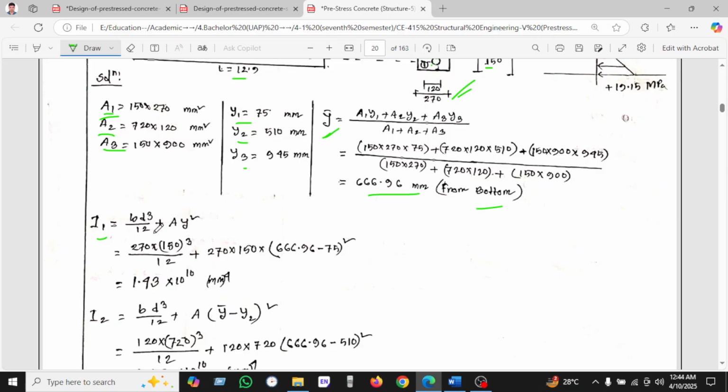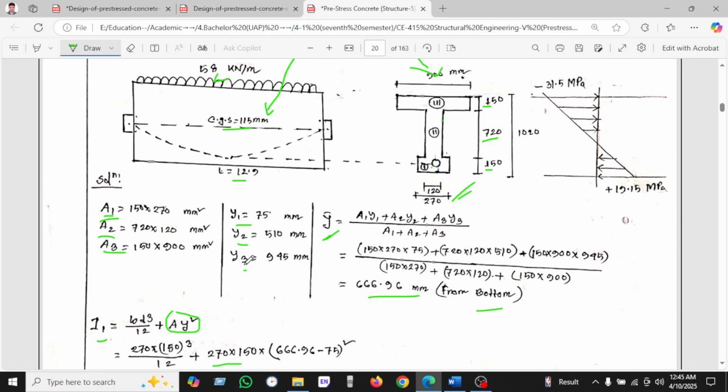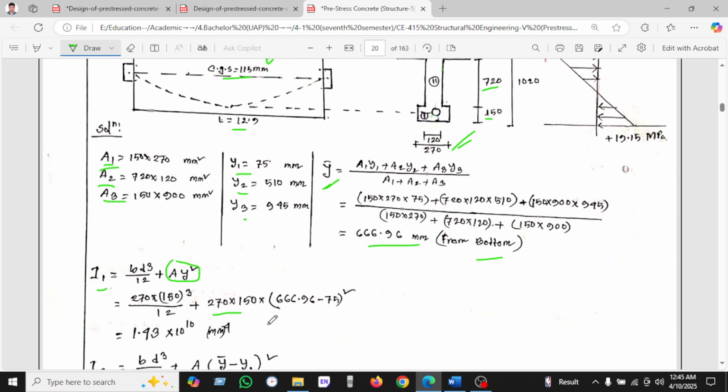As usual, it is b h cubed by 12, and we add A y squared. What is the A? It is nothing but 270 into 150, and Y is minus 75, squared.